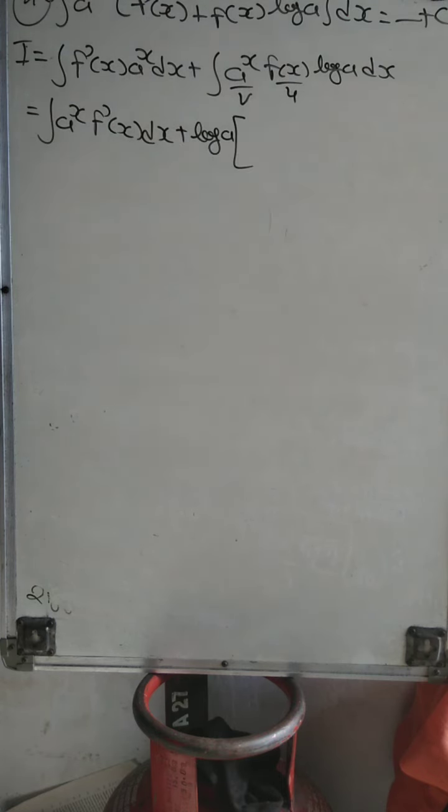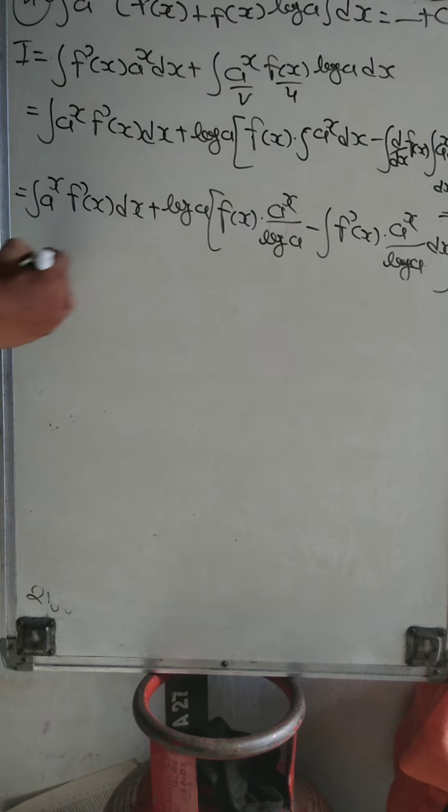Now integration e raised to x f dash x dx plus log a, here fx, integration of a raised to x is a raised to x upon log a, minus f dash x a raised to x upon log a, dx. Now this log a we take common and cancel with this term.